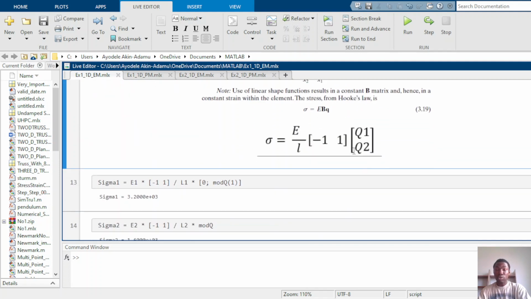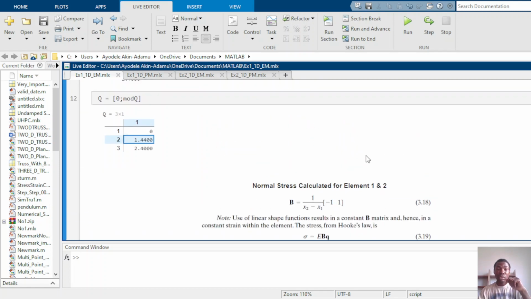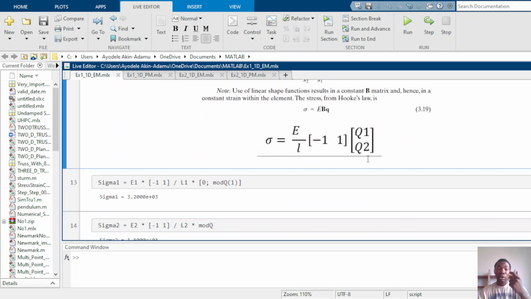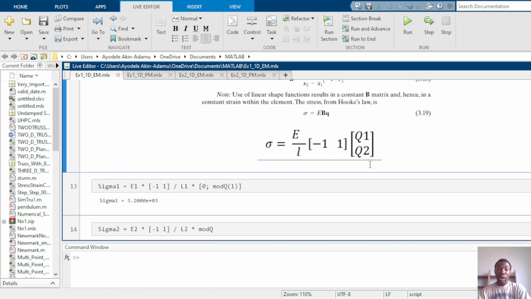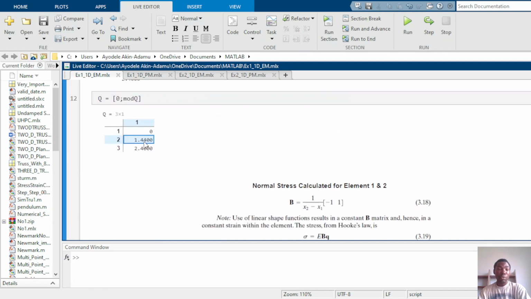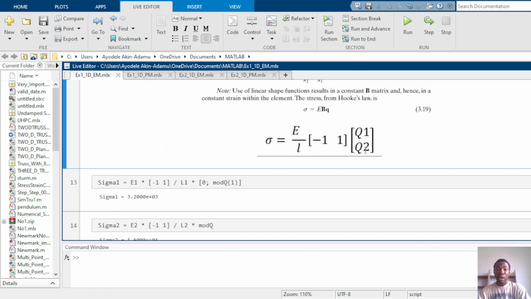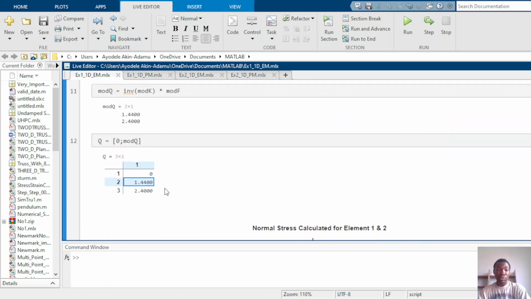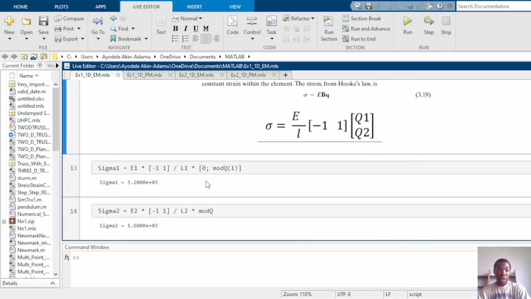Element 2 is between node 2 and node 3. So our Q1 for element 2 is this 1.44, and the Q2 for element 2 is 2.44. We are going to see that when I'm calculating the stress in my MATLAB line of code.